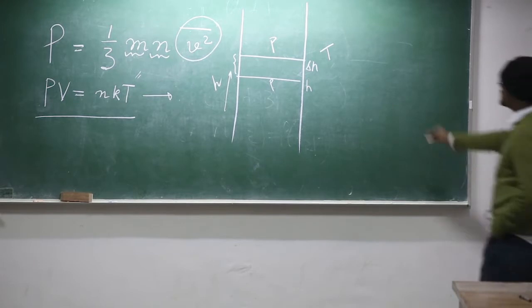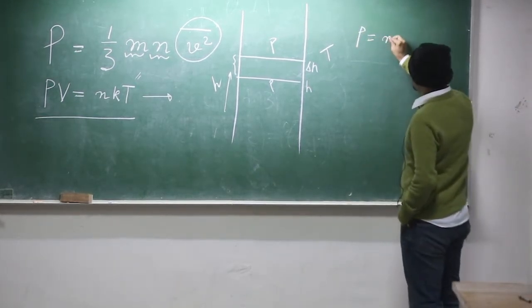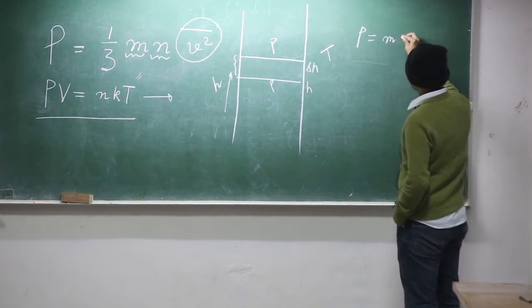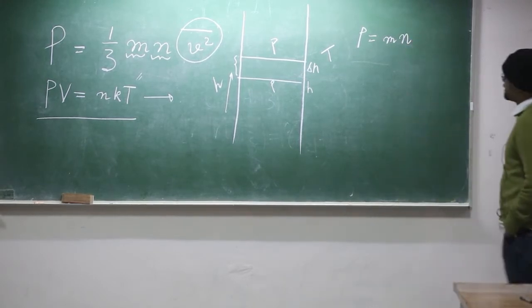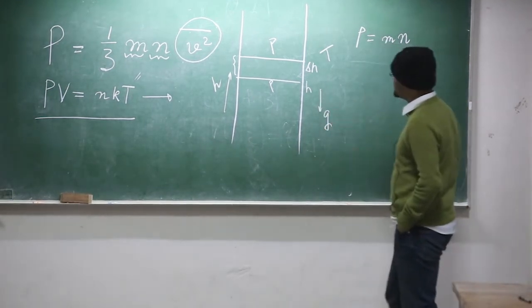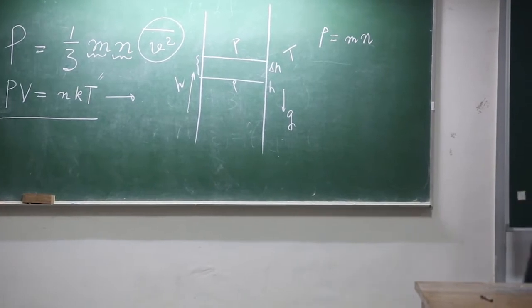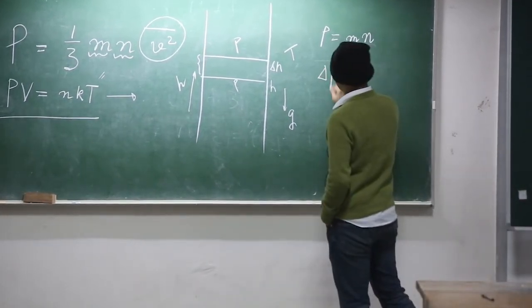So we can define the density of the gas as the mass of the molecules times the number density, and there is of course the constant gravitational field. So how would this delta P be? What would be delta P?